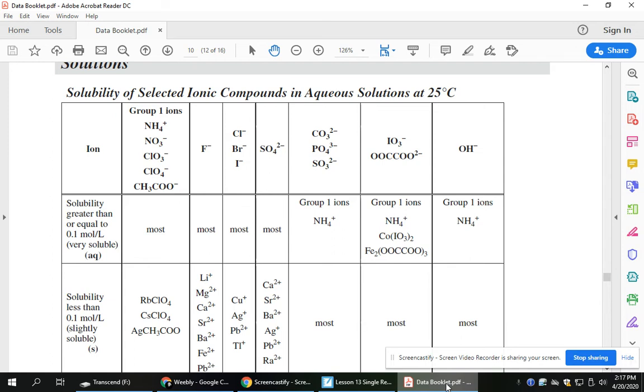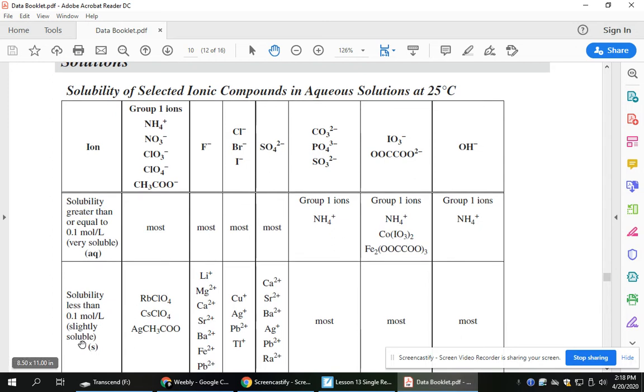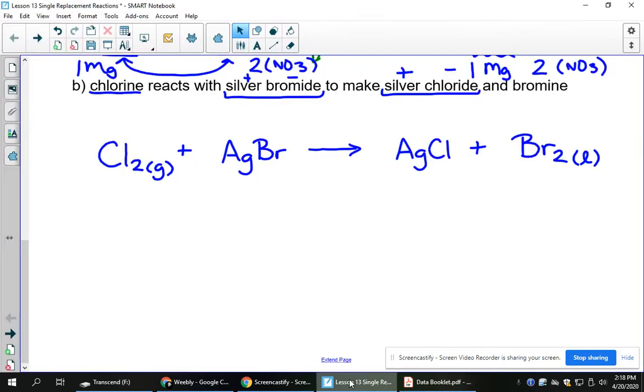So I'm looking to see if silver is listed. Yes, it is. Straight under chlorine and bromine, I can find Ag+. So if I go over to the left, I see that those are going to form solids when they're combined. So behind silver bromide and silver chloride, both of these would be solids.